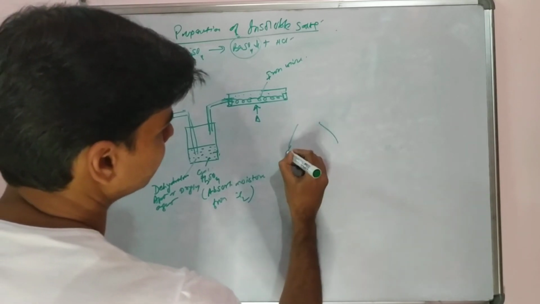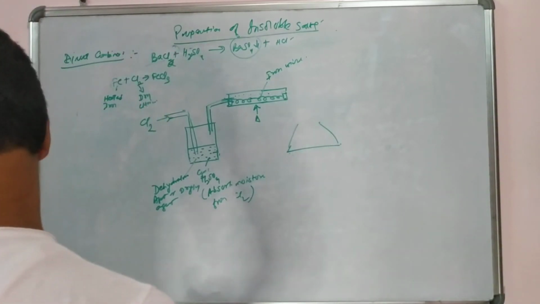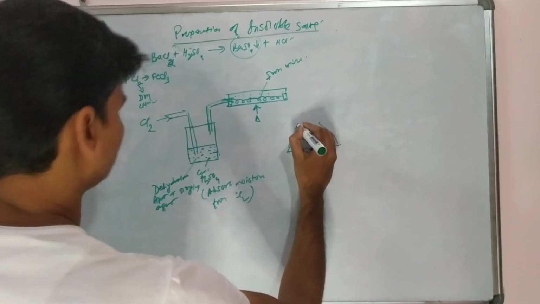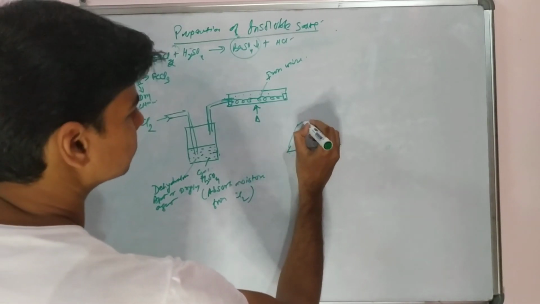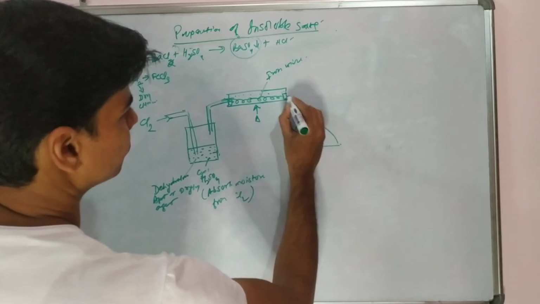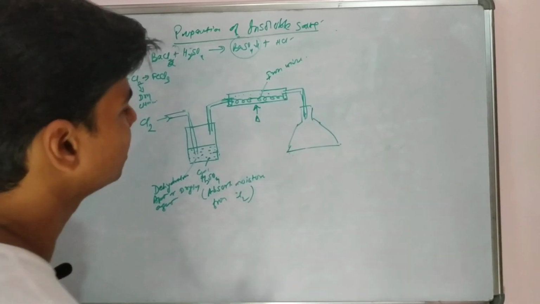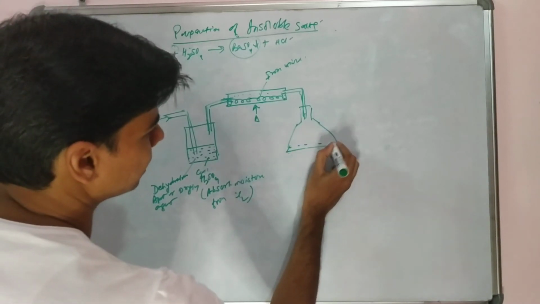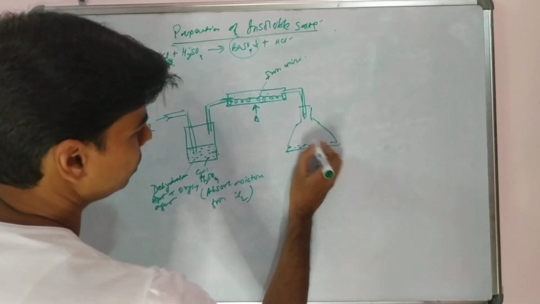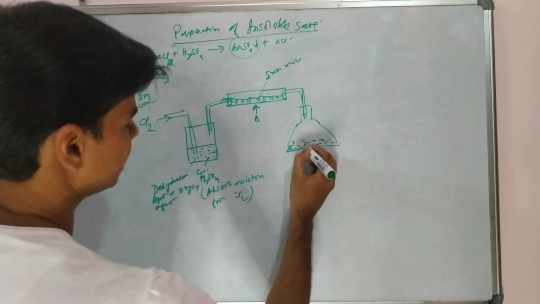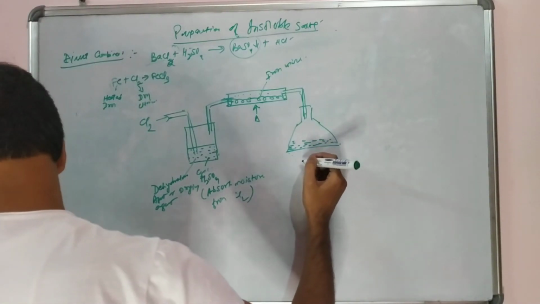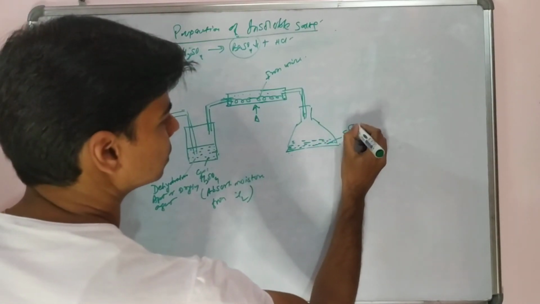Here we have taken this kind of a beaker, so here this ferric chloride will volatilize out and will settle here, condense here.